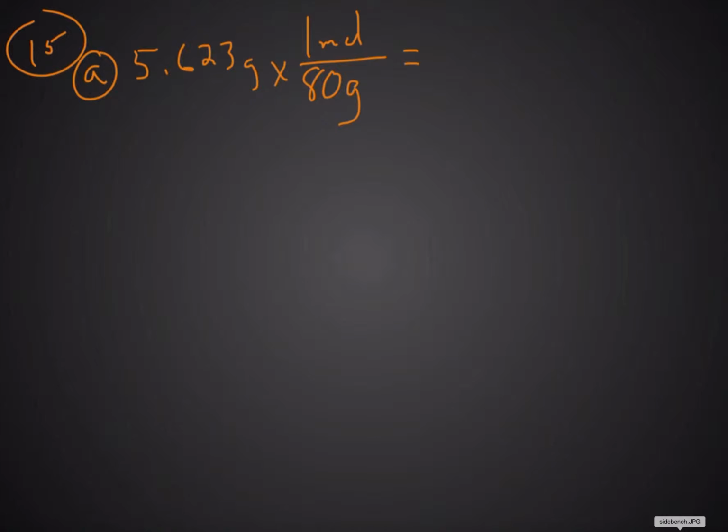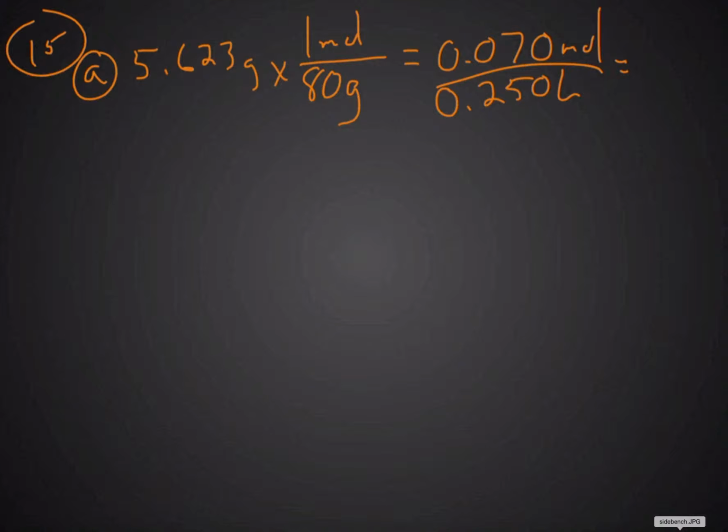And so if we have 5.623 grams, that comes out to 0.070 moles. And we're going to create 250 milliliters or 0.250 liters. So in terms of moles per liter, we do 0.07 divided by 0.250 and we get 0.28 molar.